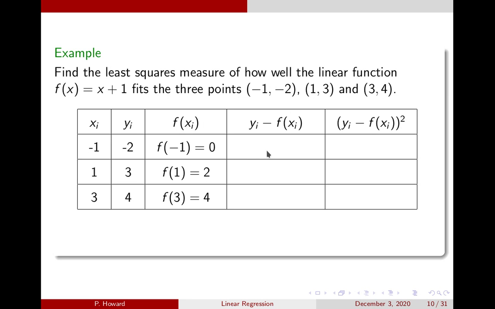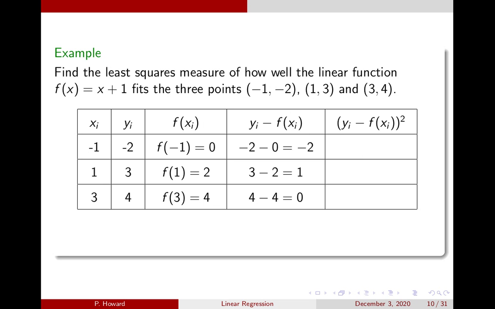In the fourth column, as before, we take the value in column 2 and subtract the value in column 3. Minus 2 minus 0 is minus 2. 3 minus 2 is 1, and 4 minus 4 is 0. And then finally in column 5 we square the entries in column 4.